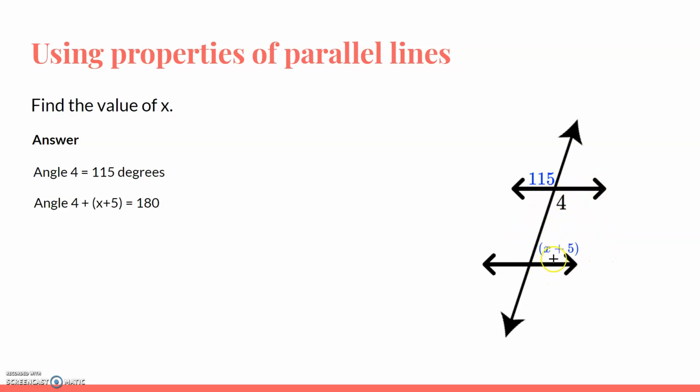We know that these two angles sum up to 180 degrees. And then we're just going to substitute 115 for angle 4. So it's going to be 115 plus x plus 5 is equal to 180. And then x plus 120 is equal to 180. And then we're just going to subtract 120 from both sides, which gives us a final answer of 60 degrees, or just 60.